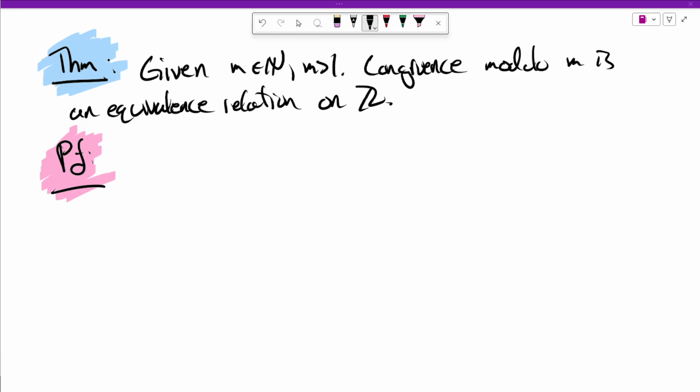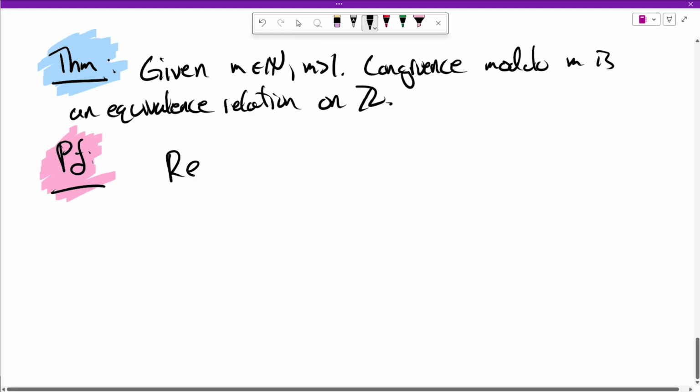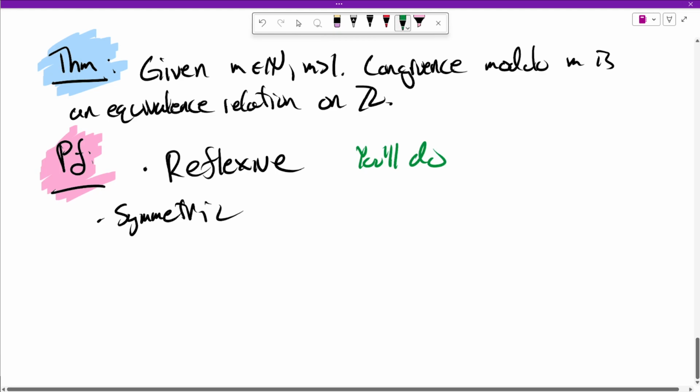So what do we need to do? We need to show reflexivity, which you'll do. I'll have you do this in class. We need to show symmetry, which you'll do.